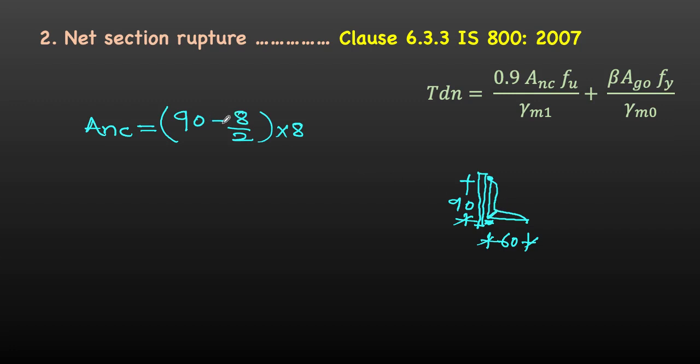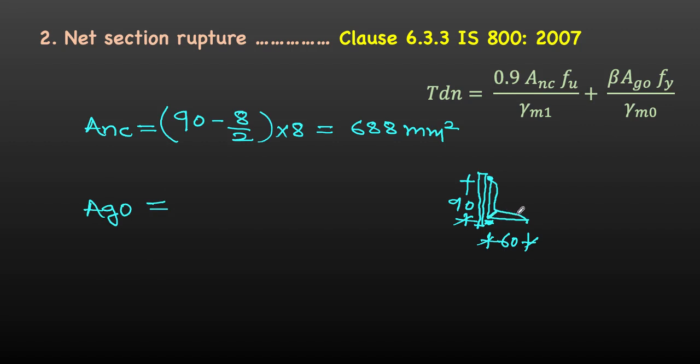To avoid this we consider it as 90 minus 8 by 2, into 8. So this value comes out to be 688 mm square. Fine.